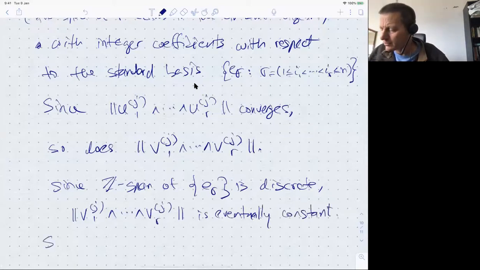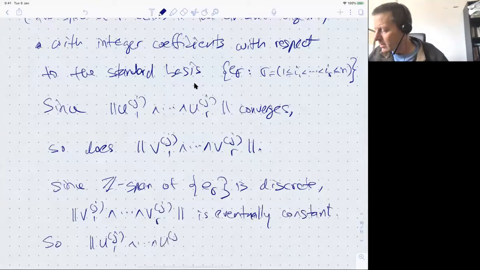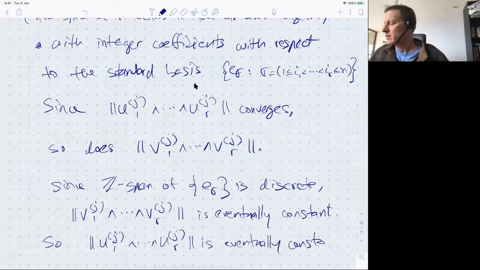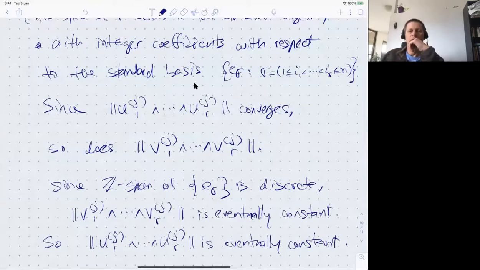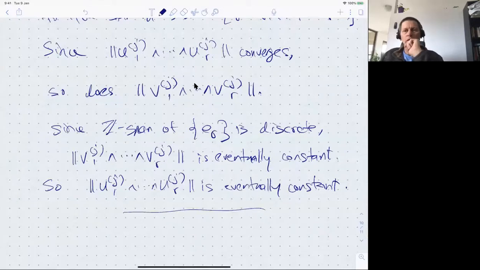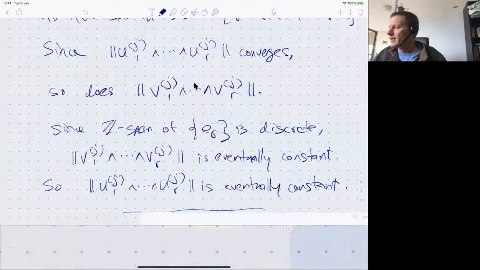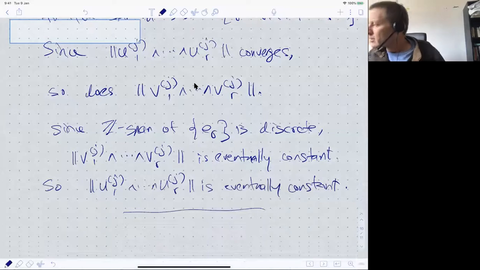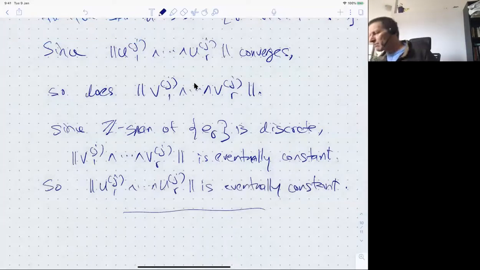And therefore, this is also eventually constant. Okay, so that's another way of proving that this minimum, the infimum in the definition of alpha R, is attained. Okay, so that's one application.